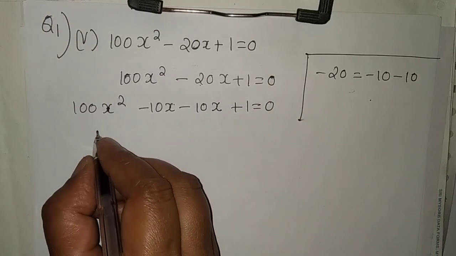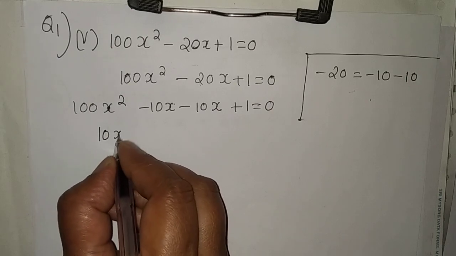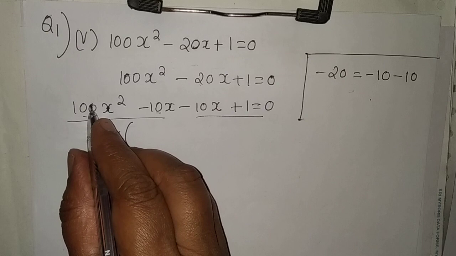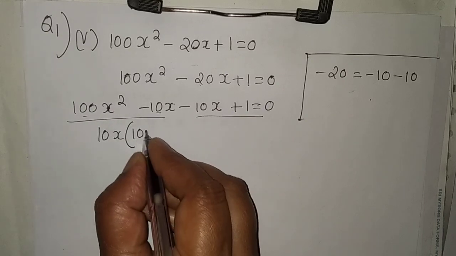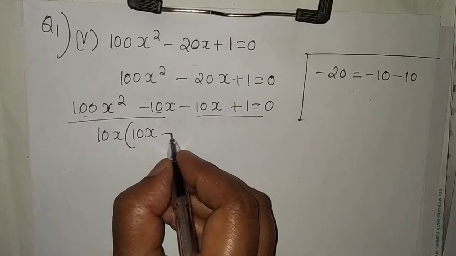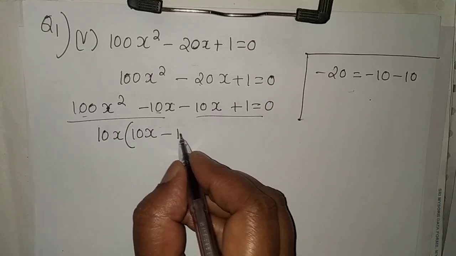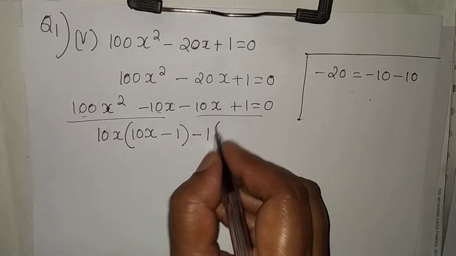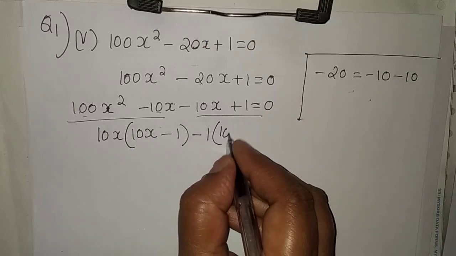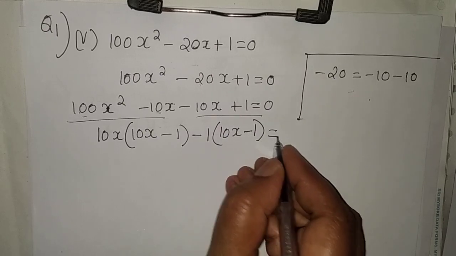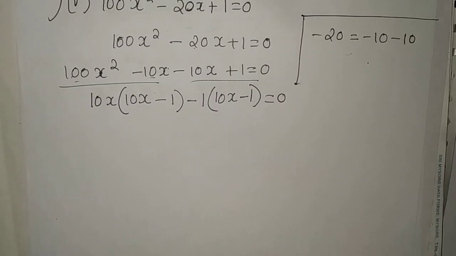Therefore next is take 10x common here, these two and these two. 10x common means 10x into 10x, 100x square, minus 1, or 10x means 1 minus, take 1 common, then minus, then 0.